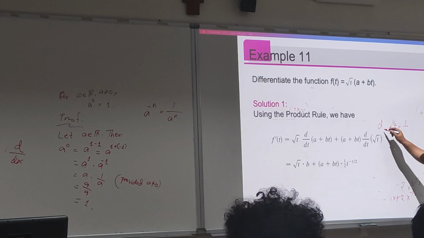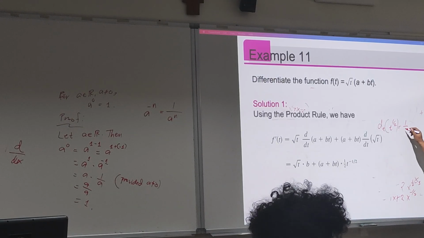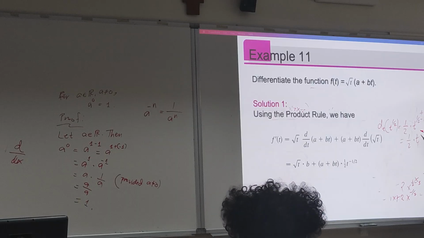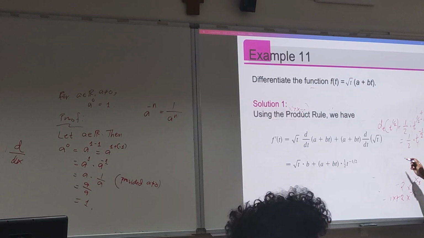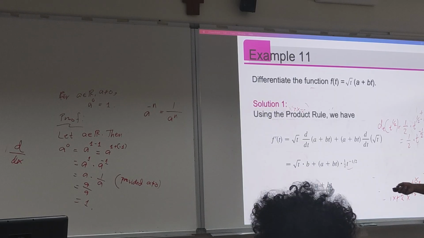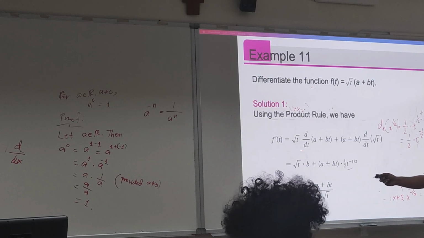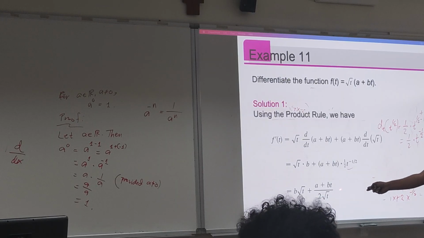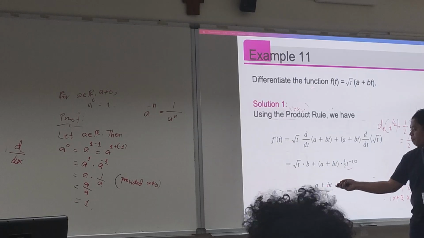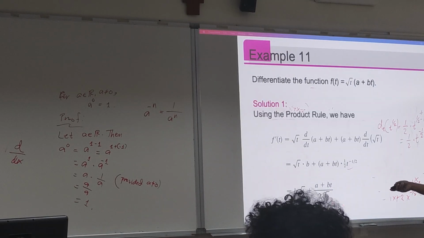Taking the derivative of this, that's just 1/2 times T raised to negative 1/2. That's why you have it. And then simplify. This is just square root of B square root of T plus this one, so A plus B taken over 2 square root of T.